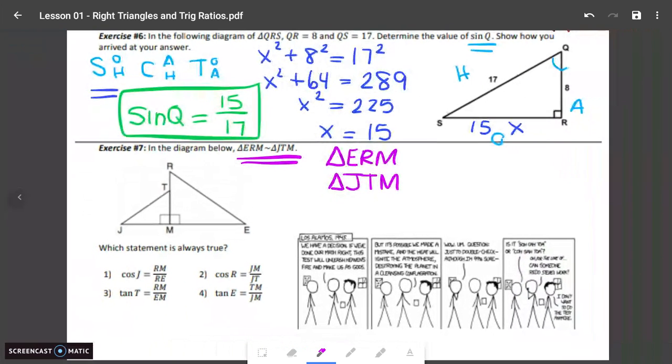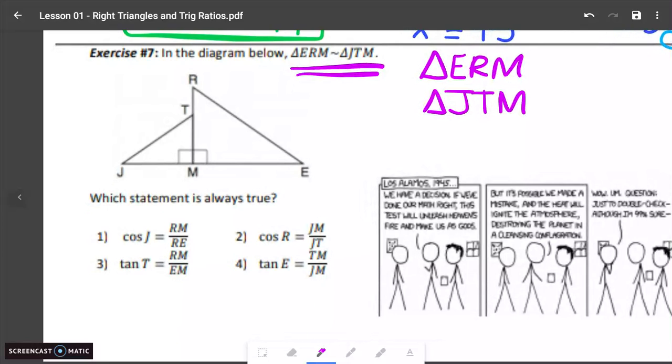Notice that angle M is both the right angle, so I know that E and J are congruent and R and T are congruent. So that being said, J is equal to E. So if I look here, it's talking about RM, which is part of the triangle that has E in it, just like RE is as well.